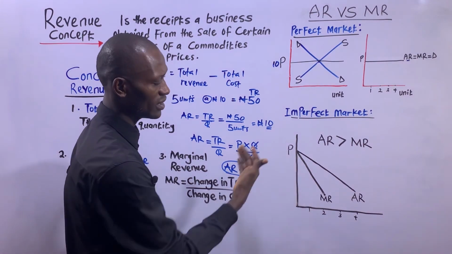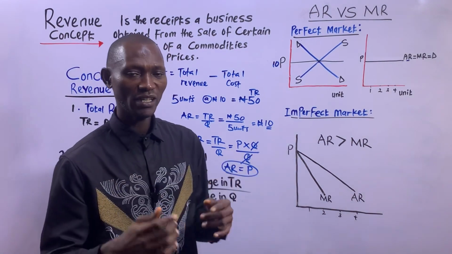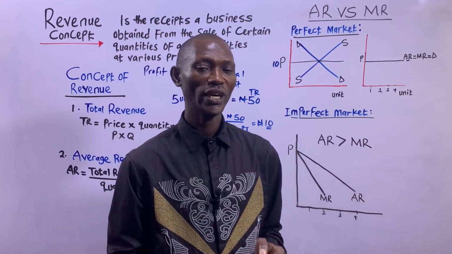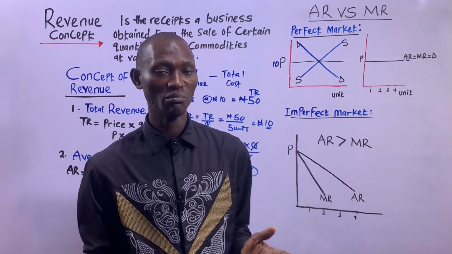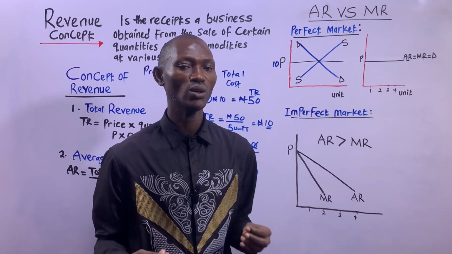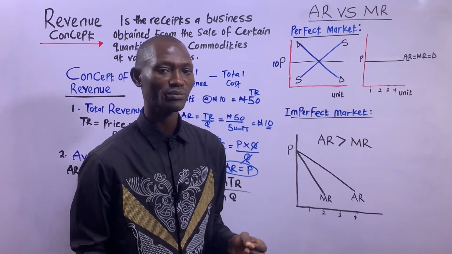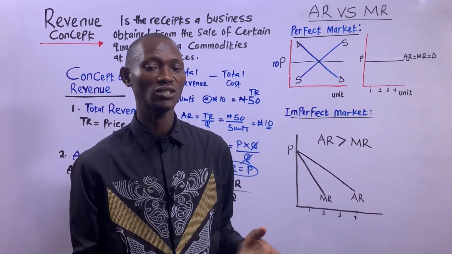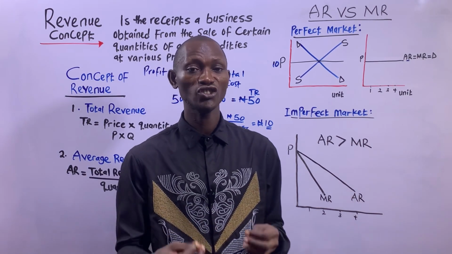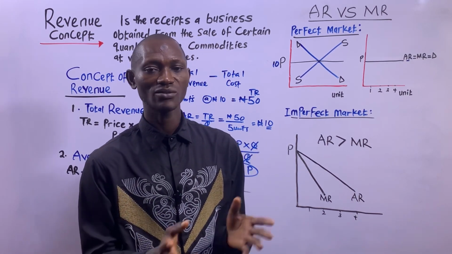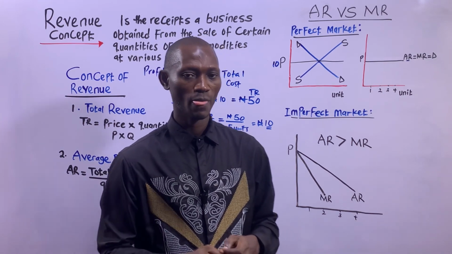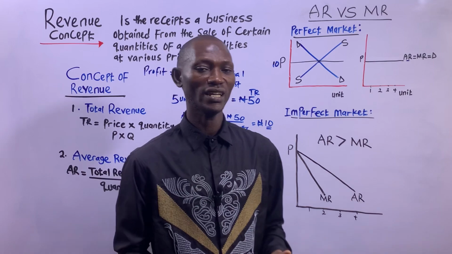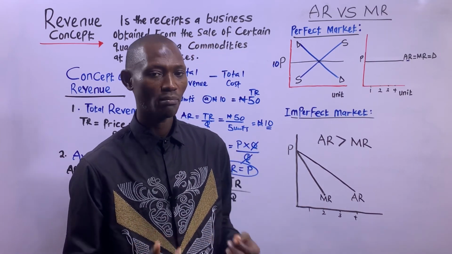And the reason being that any firm, like you all know, monopoly is a market situation where there is a single seller having many buyers without a close substitute. Monopolistic competition is a market situation of large firms selling differentiated products at different market price, while oligopoly is a market situation of few sellers having many buyers.